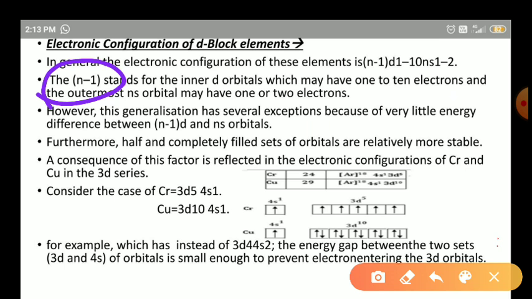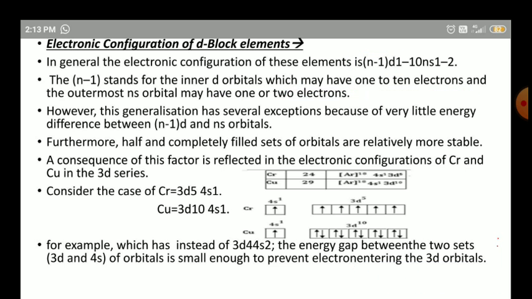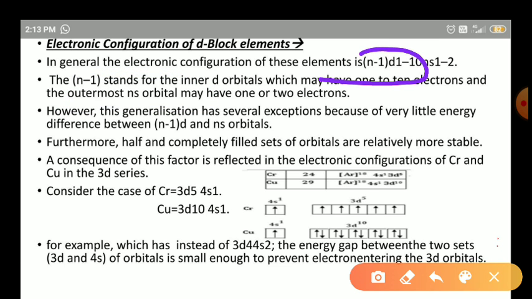So n minus 1 stands for the inner d orbital, which has 1 to 10 electrons, and the outermost electrons are present in the ns orbital. Here 1 to 10 electrons are occupied in the d orbital and in the ns, 2 electrons are occupied. This is the outermost.